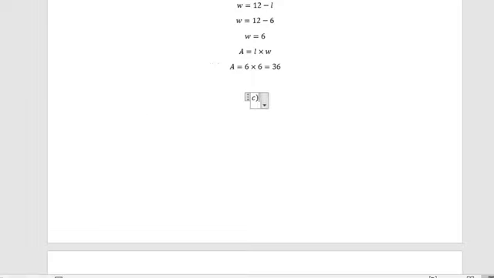So what we'll have is length multiplied by width, which gives us our area, for equation 1. Equation 2 will have 2 length plus 2 width is equal to the perimeter, and I think they gave us the perimeter as being 36, and they're asking us to find length, width, and area.